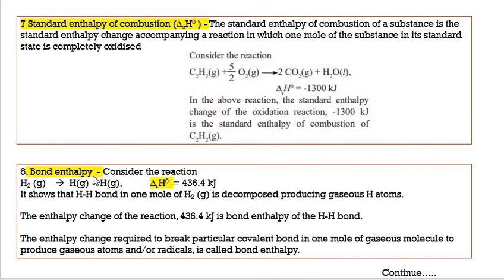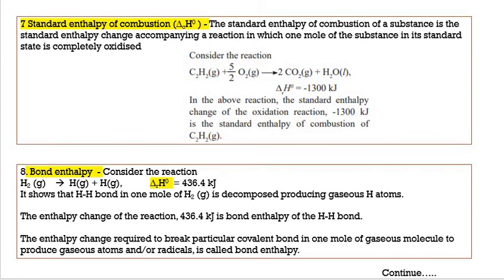Now, bond enthalpy. Consider this reaction. Here the hydrogen molecule is converting into hydrogen atoms, and the ΔrH° value is 436 kilojoules. It shows that the hydrogen bond in 1 mole of hydrogen molecules is decomposed to produce hydrogen atoms.